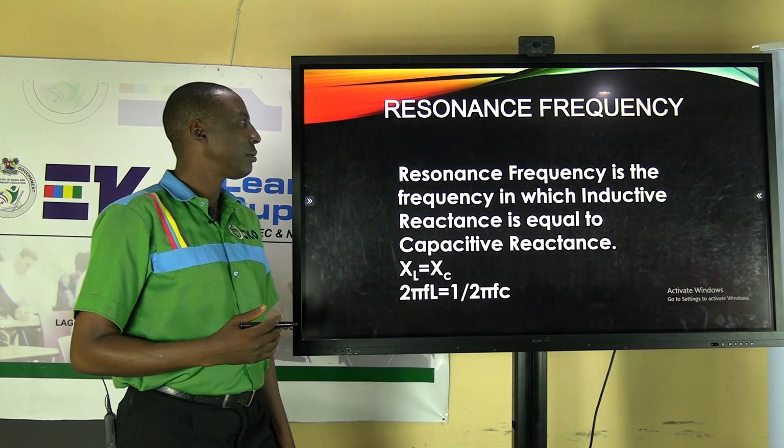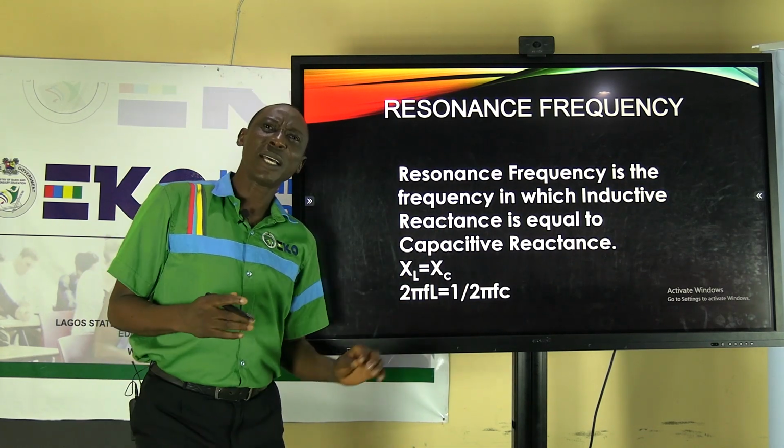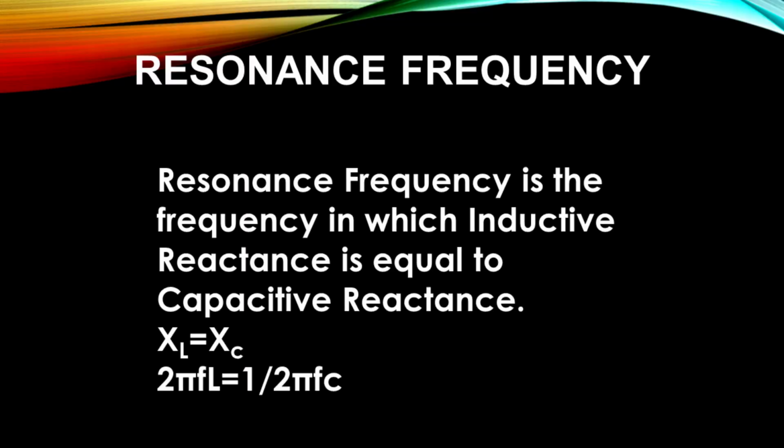Resonance frequency. Resonance frequency is the frequency in which an inductive reactance is equal to capacitive reactance. I'll repeat that again. A resonance frequency is the frequency in which an inductive reactance is equal to capacitive reactance.